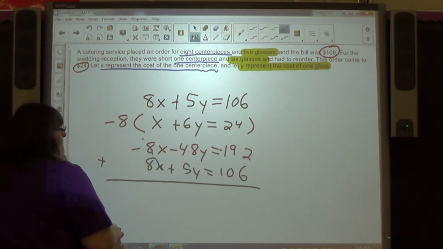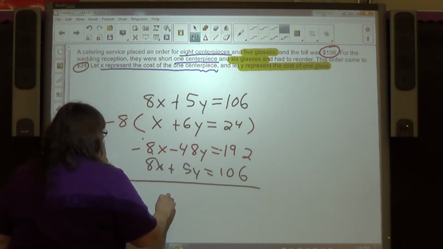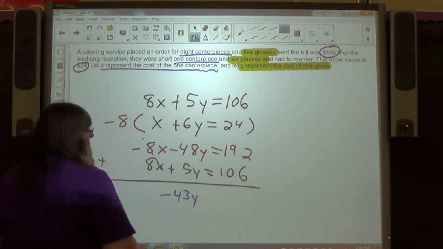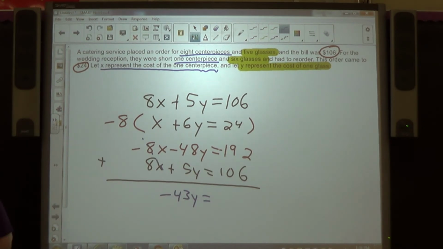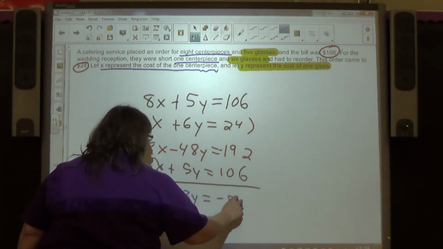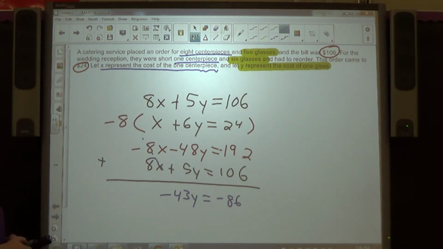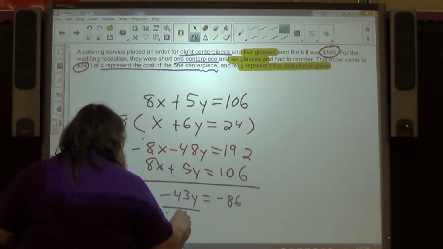The 8's go away. -48 plus 5 is -43y. -192 plus 106 is -86. Okay? Now divide by -43.